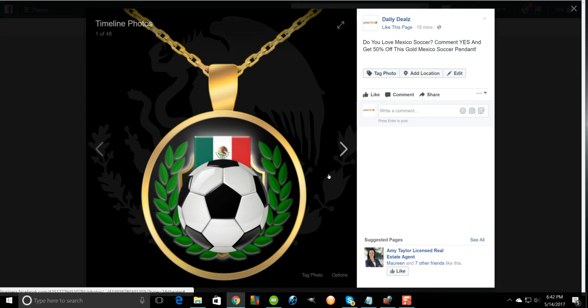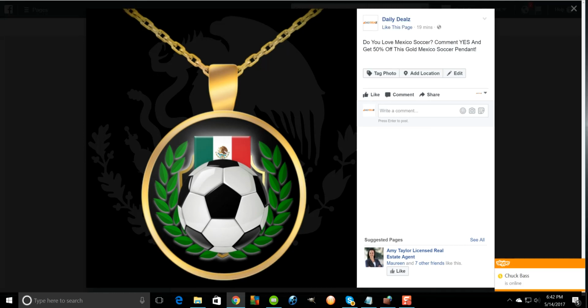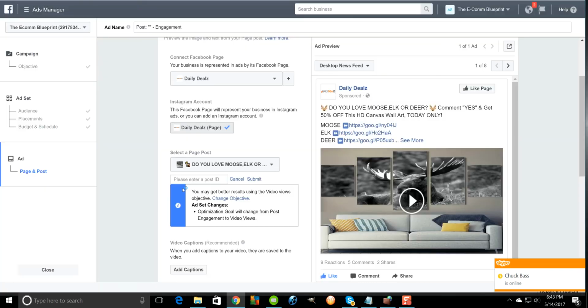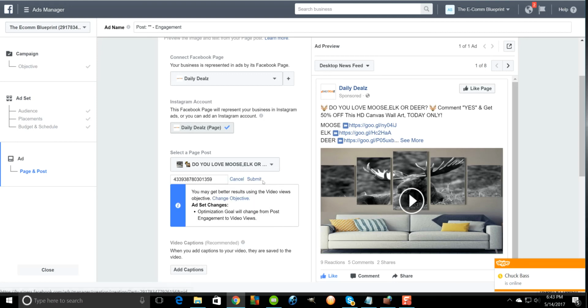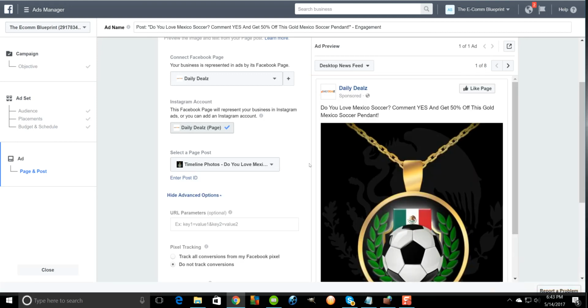So basically, when you click on this, all the way at the end of the URL, there'll be a long number. You're going to grab that number, and that'll be your post ID. So let me go back to the ad, and I'm going to go ahead and paste that post ID in here. Hit submit. There it is.